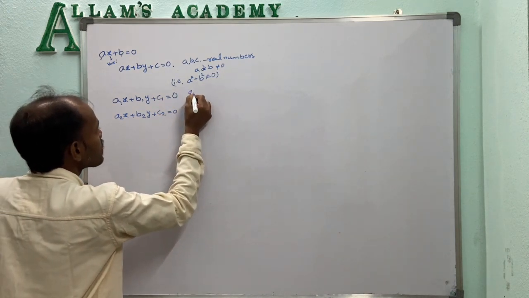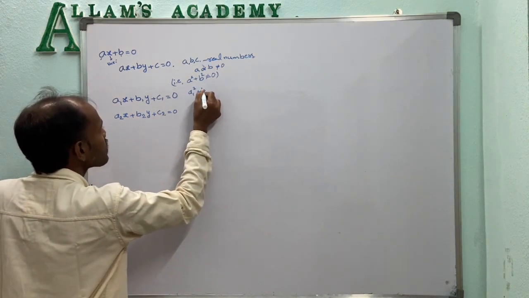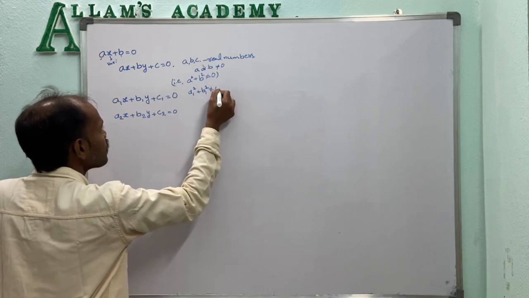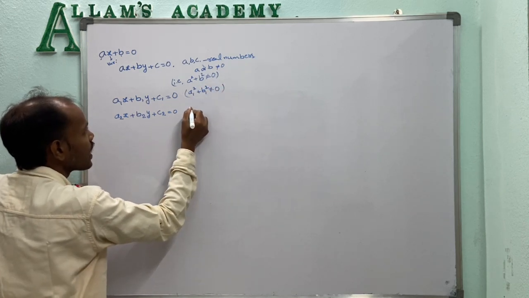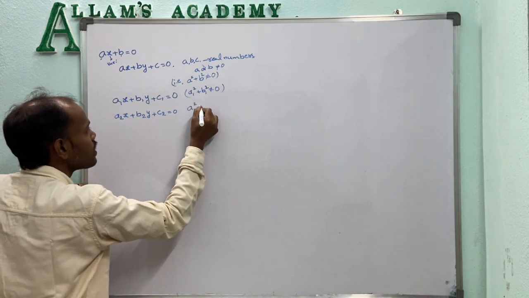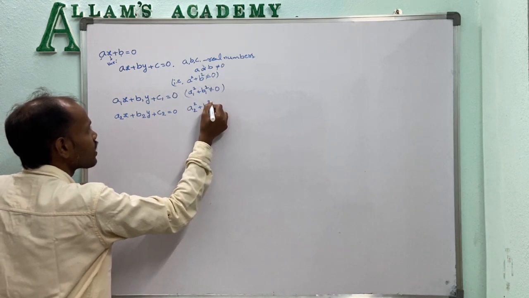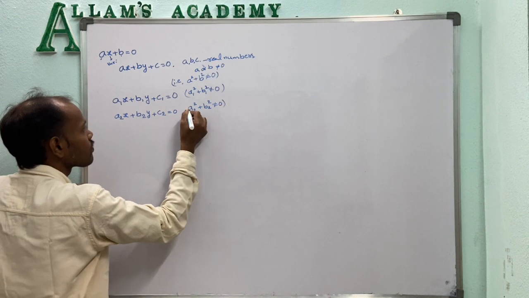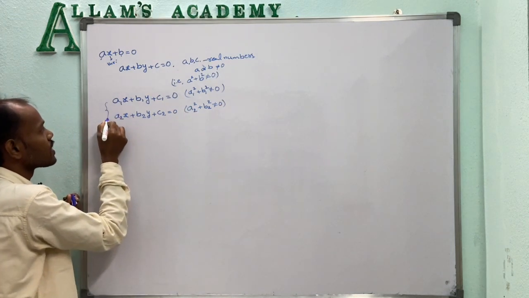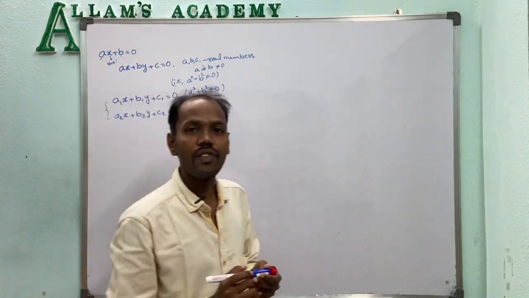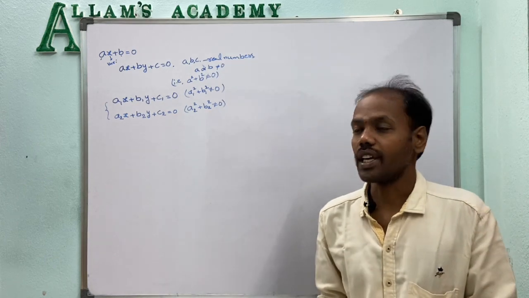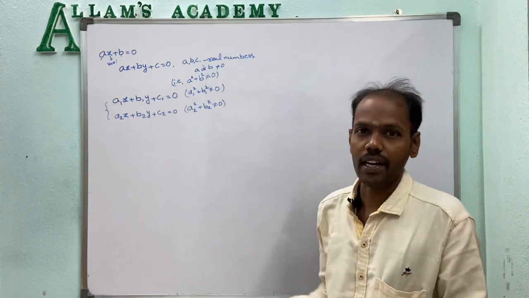In both cases a1 square plus b1 square is not equal to 0, and a2 square plus b2 square is not equal to 0. Then these are called a pair of linear equations in two variables.